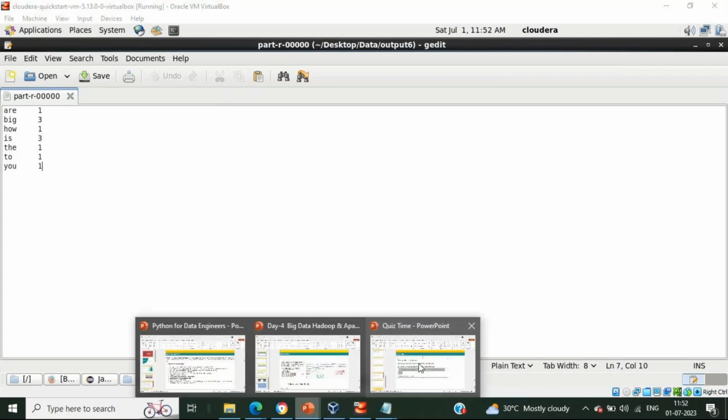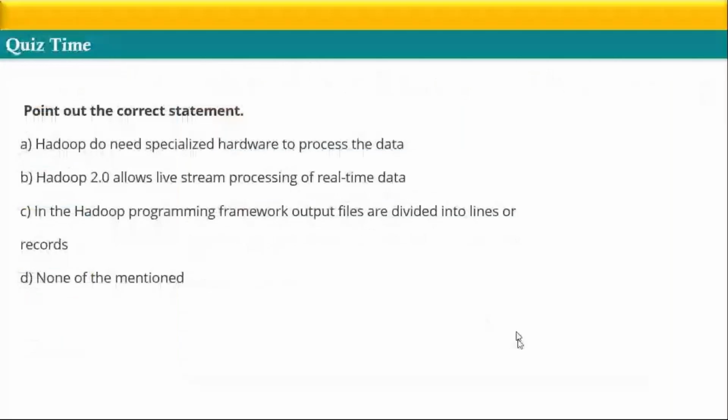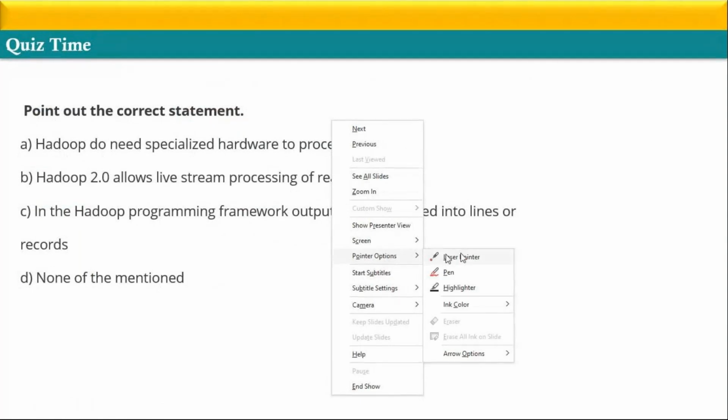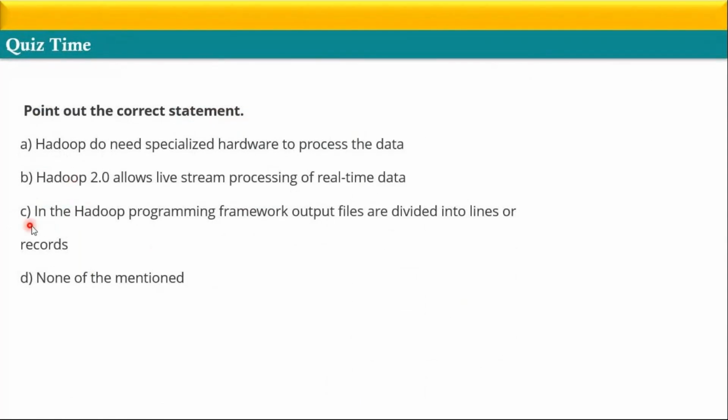Then which one is correct, Akhil? But Hadoop 2.0 allows live stream processing for real-time data, but it is also allowed for not only real-time data.